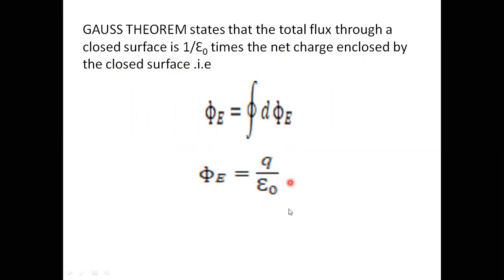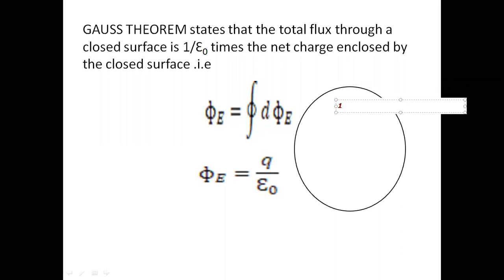For example, suppose you consider a Gaussian surface, and suppose you have 1 coulomb here, 2 coulomb here, 3 coulomb here, and 4 coulomb.